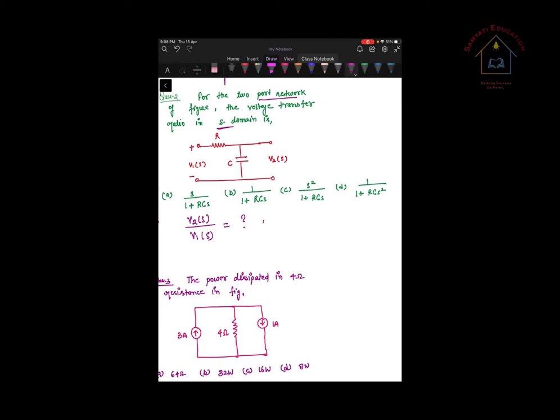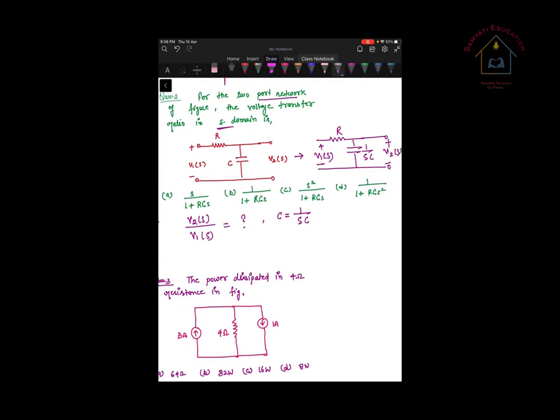Now in terms of the frequency domain, or we can say S domain, the Laplace domain, the capacitance C is 1 by SC. So if I redraw the circuit, we can write 1 by SC, and this is R, this is the input voltage and this is the output voltage.